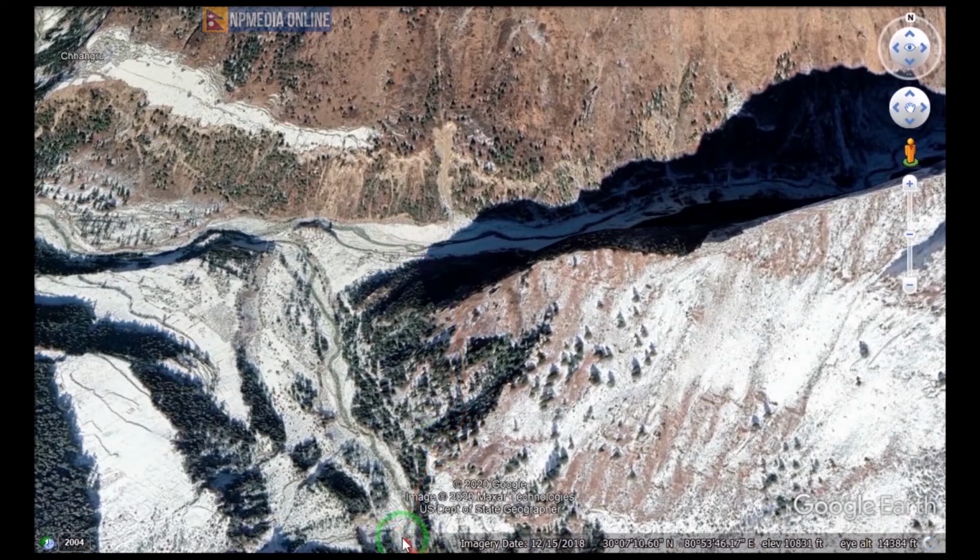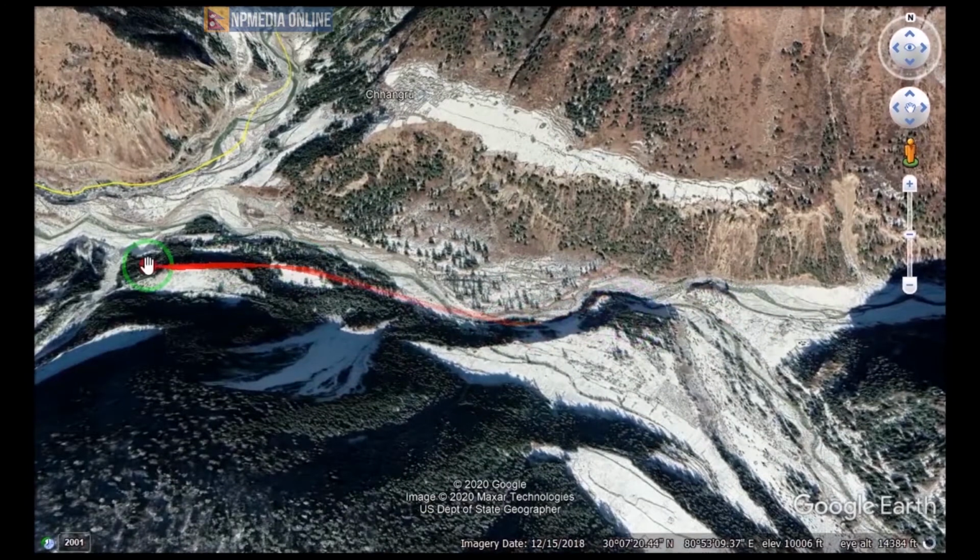Another small brook combines with Tinker-Cola and they together get mixed into the Kali River.